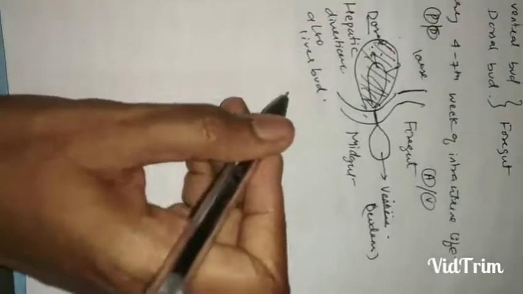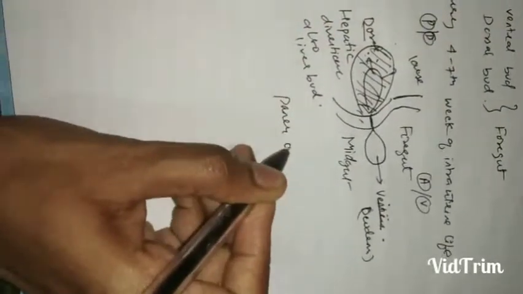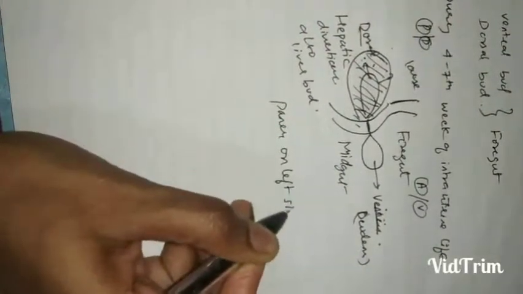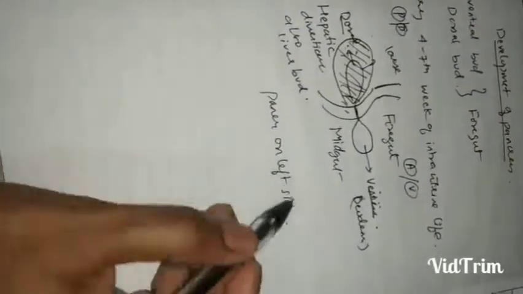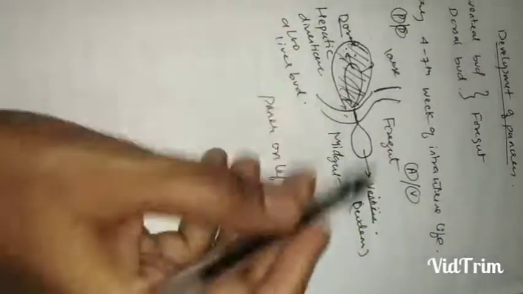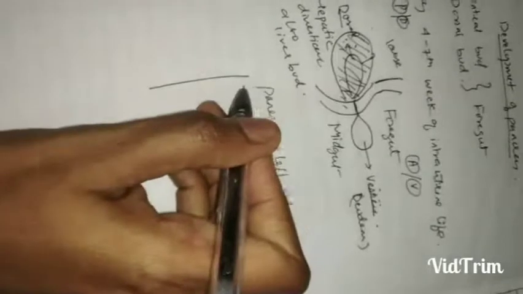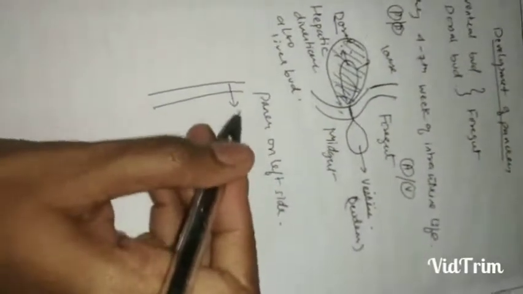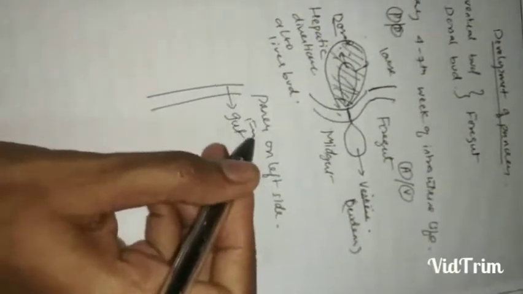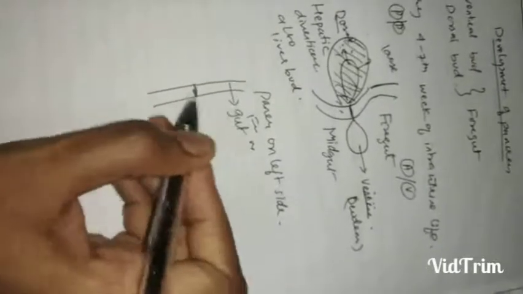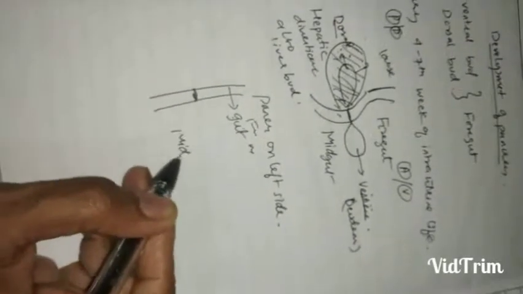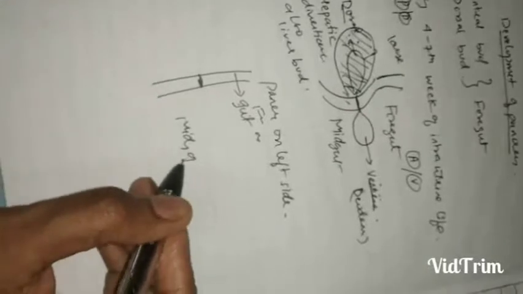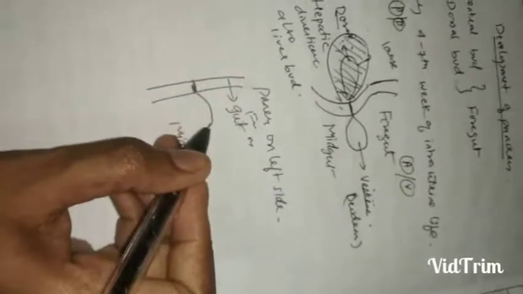And we know that pancreas is located on the left side, right? And you know pancreas is formed by the fusion of dorsal and the ventral bud. So if this is the gut, foregut midgut junction, this is foregut, this is midgut. Here is a ventral bud, here is a dorsal bud.